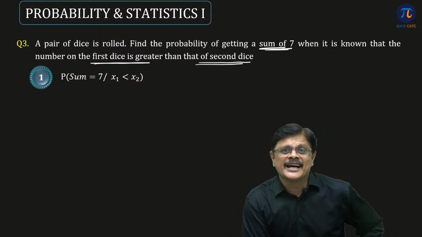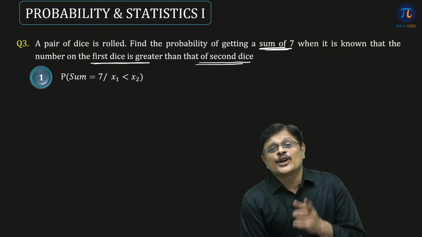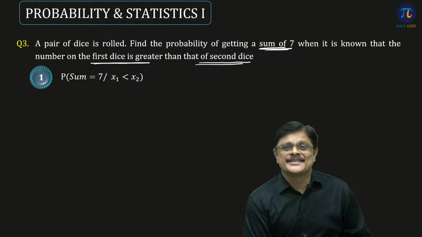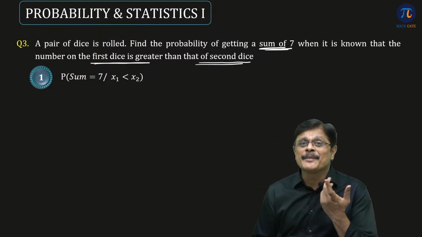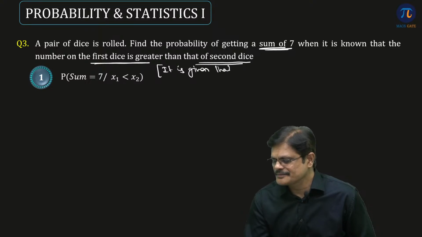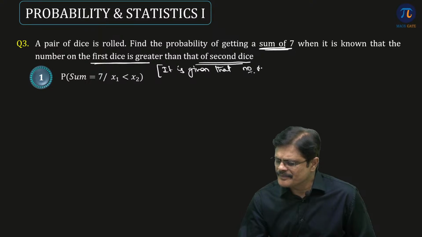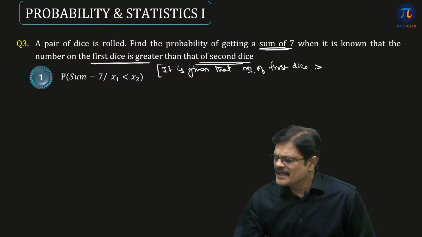It is given that the outcome on the first die is greater than the outcome on the second die. So the same problem can be asked like that. It is given that the number on the first dice is greater than the number on the second dice.